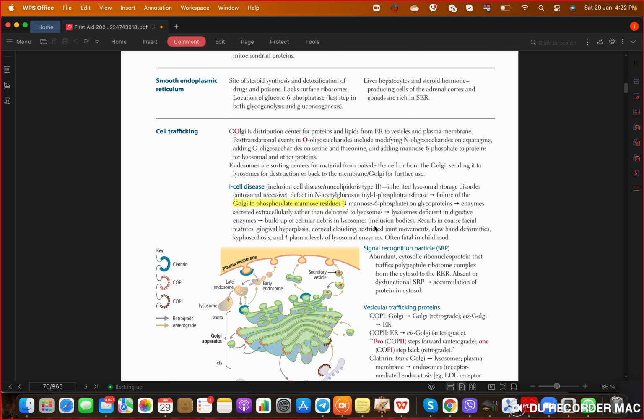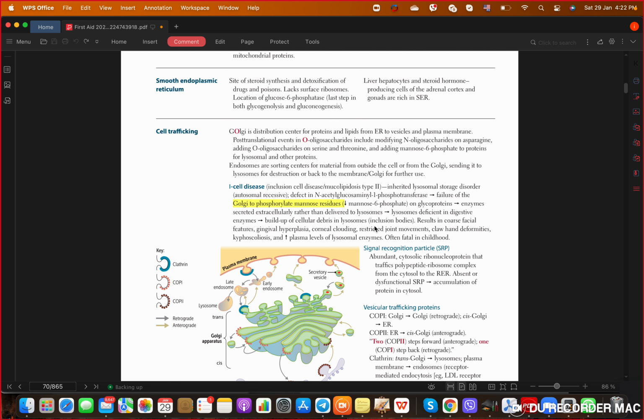The Golgi apparatus is an organelle in the cell, Doc. After the processing in the rough ER, the protein enters the Golgi apparatus, and the Golgi apparatus decides if it has to be sent outside the cell, or if it is useful, or if not, it's bad, and it can send it to the lysosome for destruction.